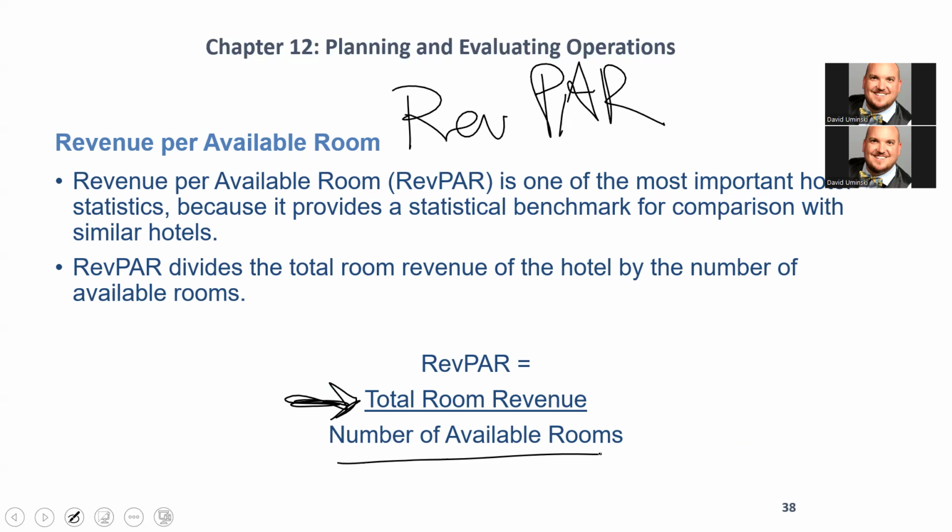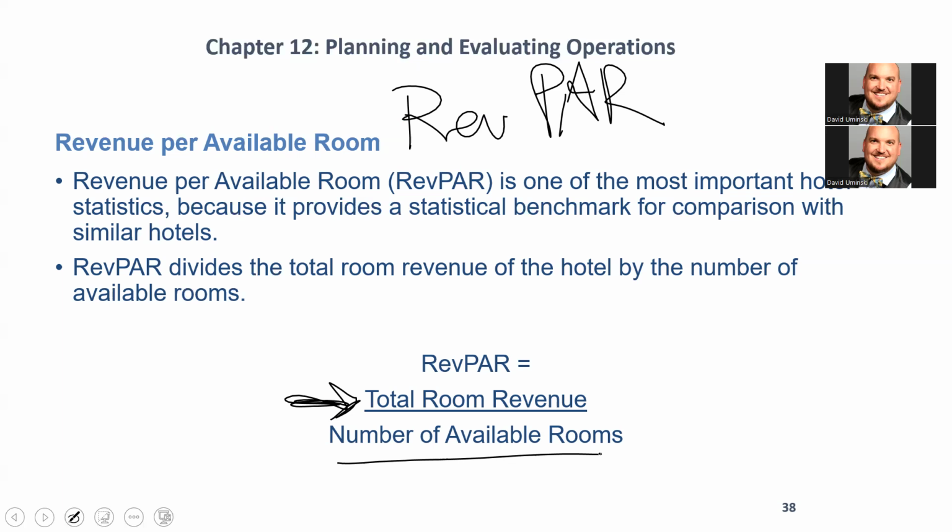So we take that same number and we divide by all the rooms that are available in the hotel. So which number do you think is larger, ADR or RevPAR? ADR is always higher than our RevPAR. RevPAR is always lower than our ADR.